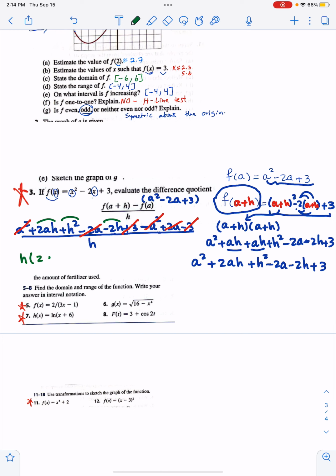So I'm going to have h times 2a plus h minus 2, all over h. If you do the difference quotient correctly, the h should cancel, and you should cancel it with factoring. You cannot cancel one individual term. So 2a plus h minus 2 is the answer.